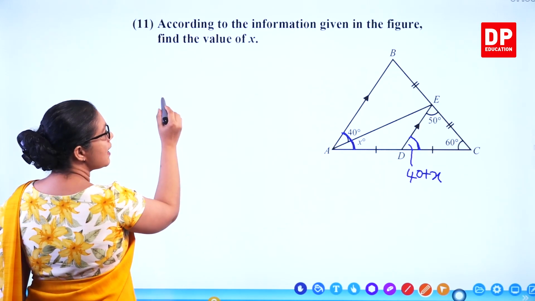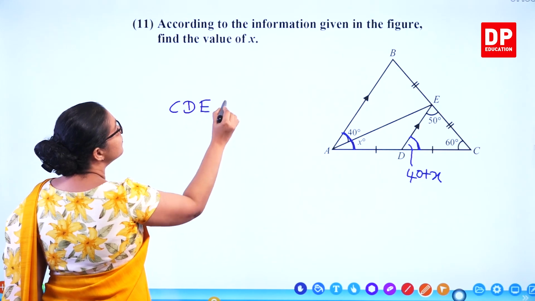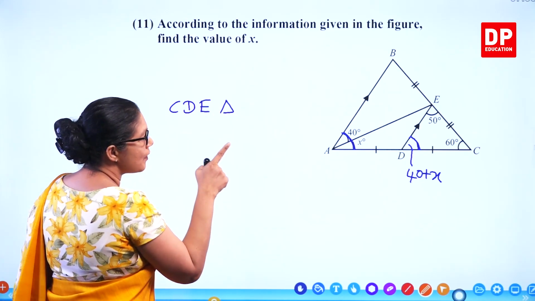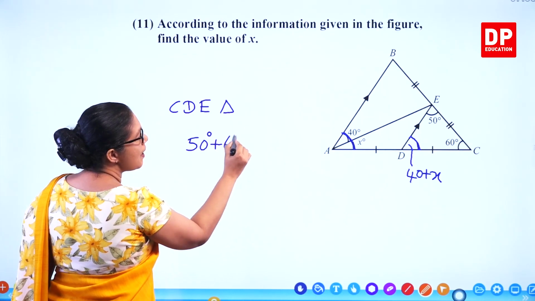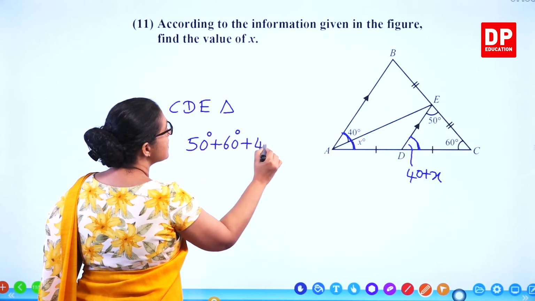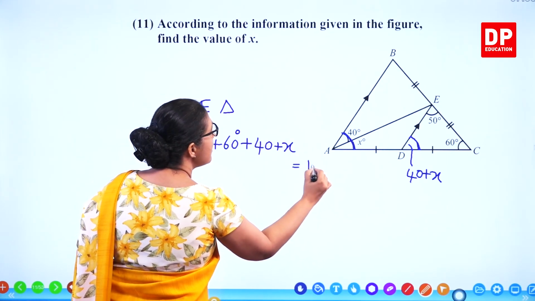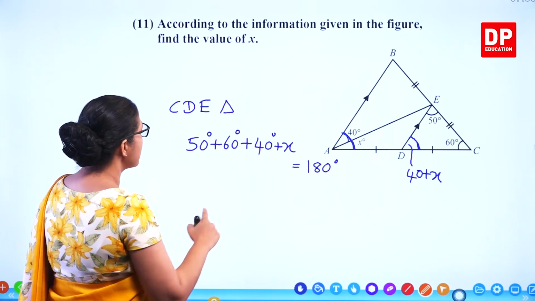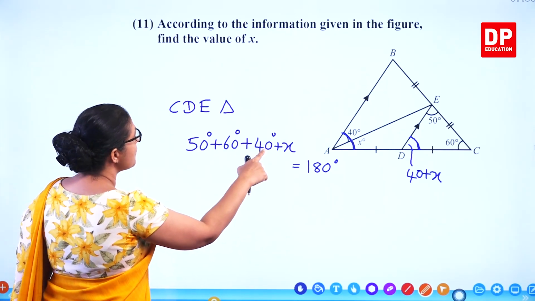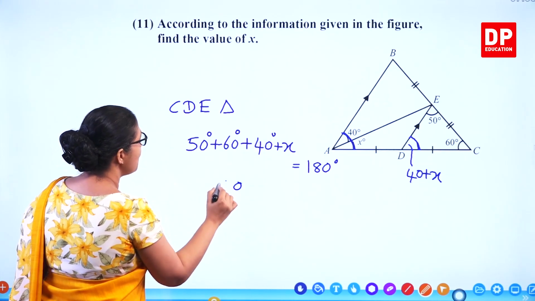Now you can apply the sum of angles in a triangle, which add up to 180. So we can take triangle CDE and apply 50 plus 60 plus 40 plus x is equal to 180 degrees. Then how do you find x? First add these three: 50 and 60 is 110, plus 40 is 150.